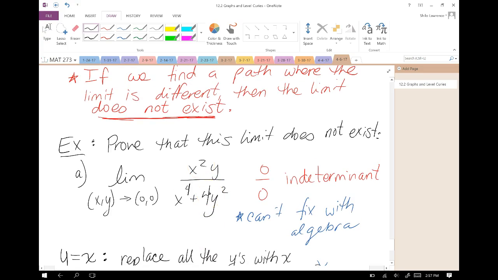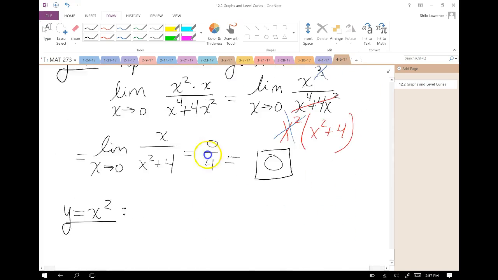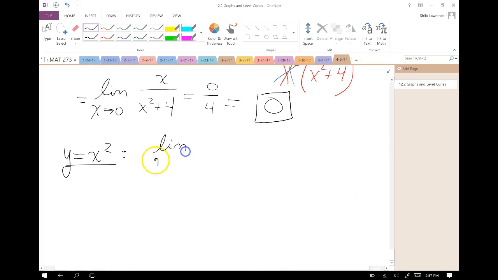Replace all the y's with x squareds. So in the top, we have x squared times x squared.